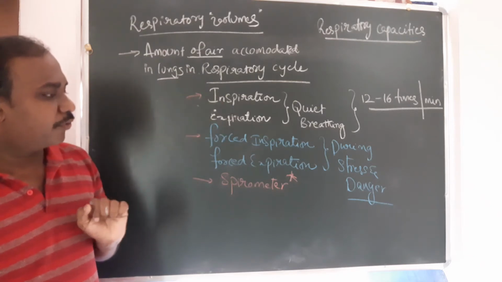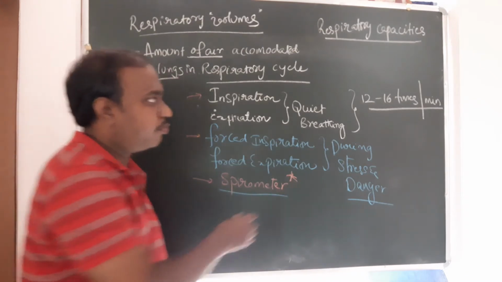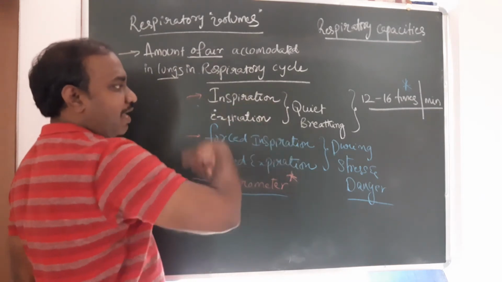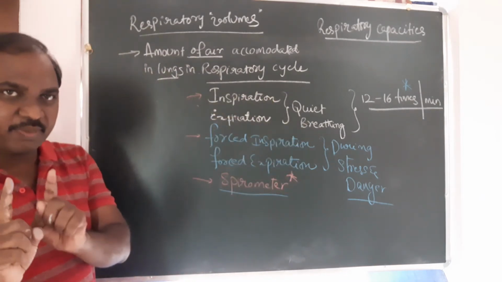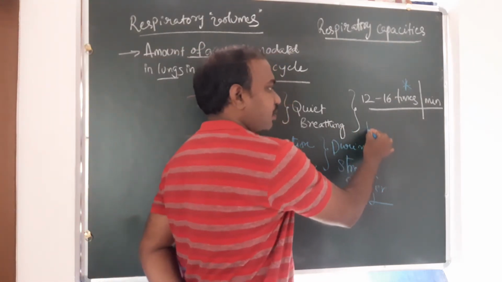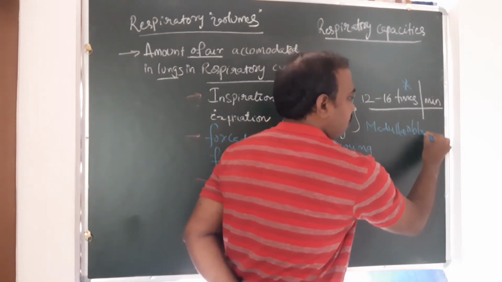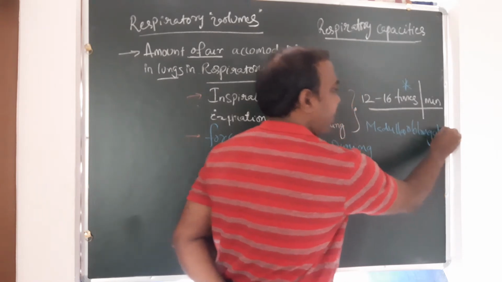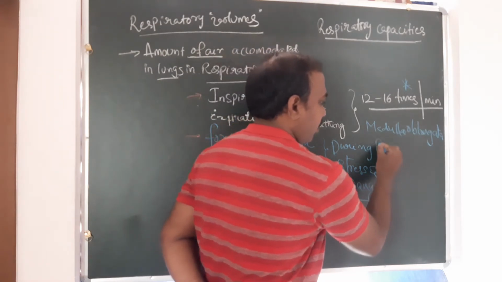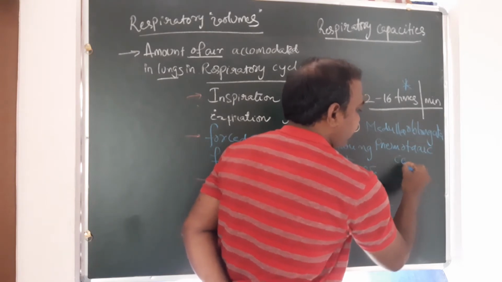Okay, and we will also take one more important point for the NEET exam. So spirometer is one important point. 12 to 16 times is the other important point. And all these values, breathing patterns, are regulated by two important centers in our body. One is the medulla oblongata, isn't it? Followed by the pneumotaxic center.